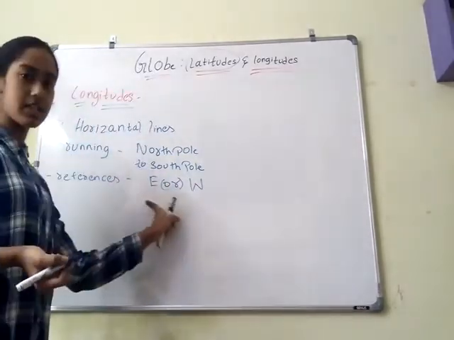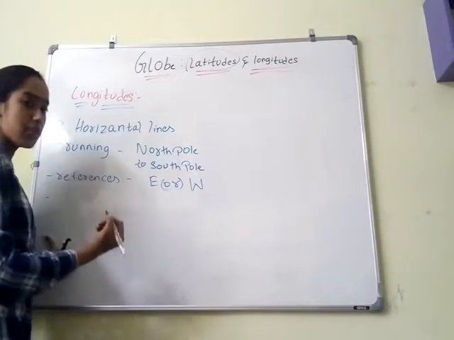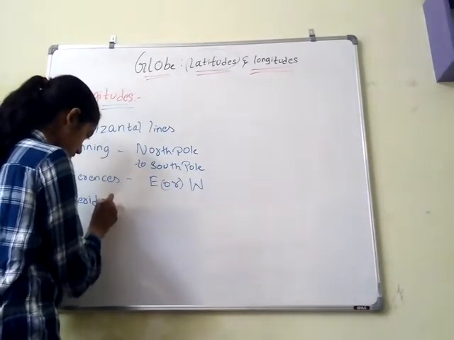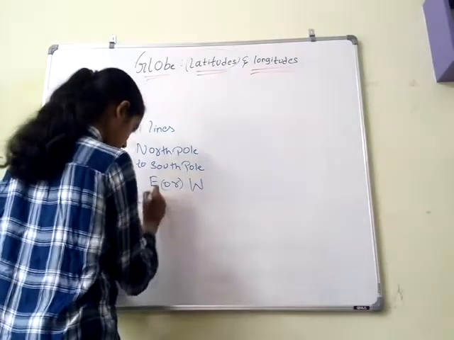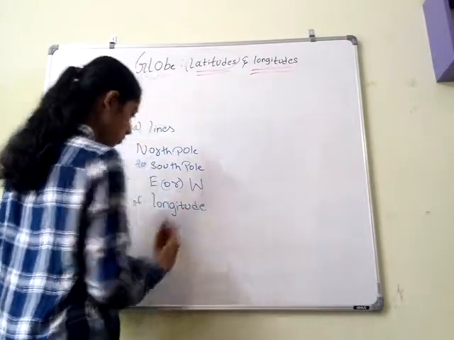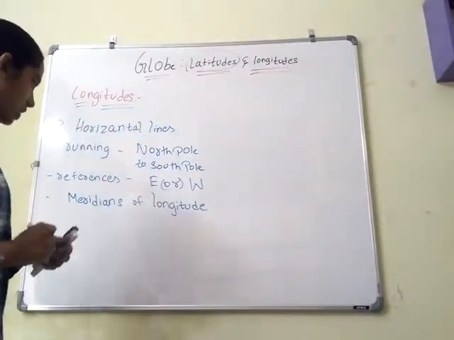These reference lines are called meridians of longitude.